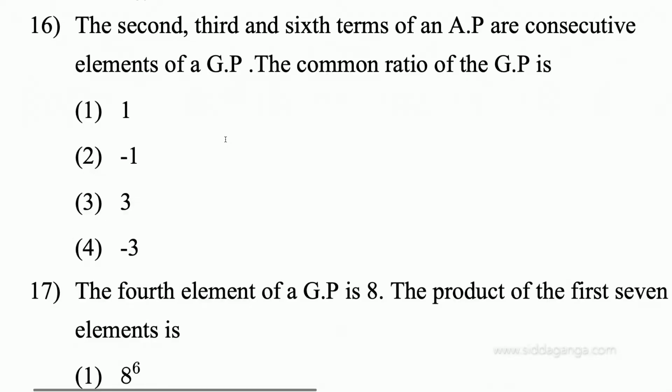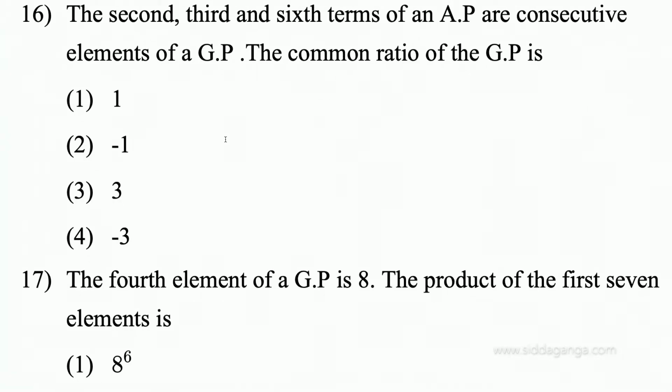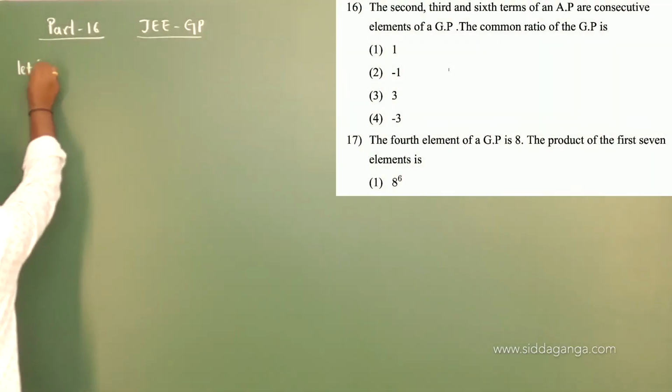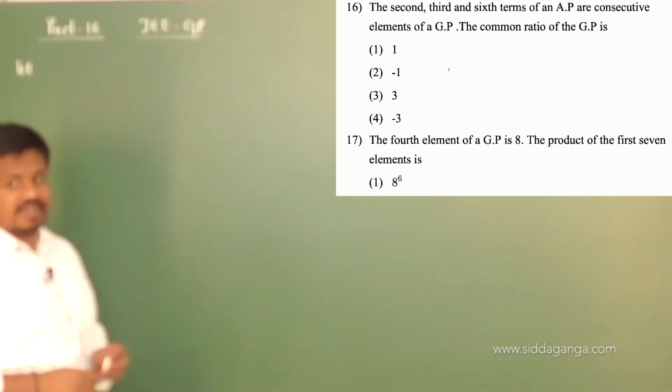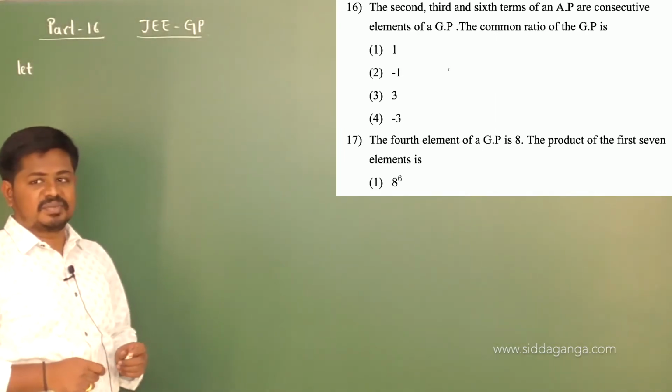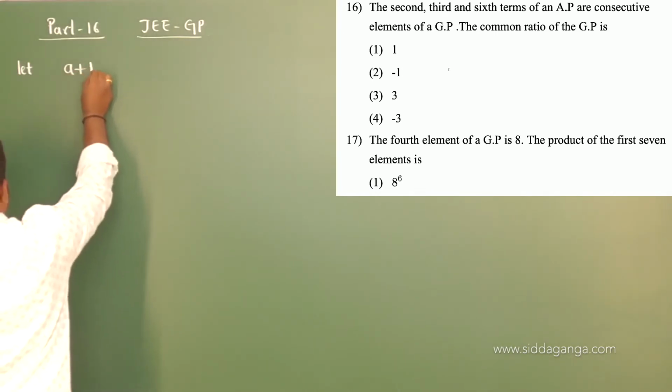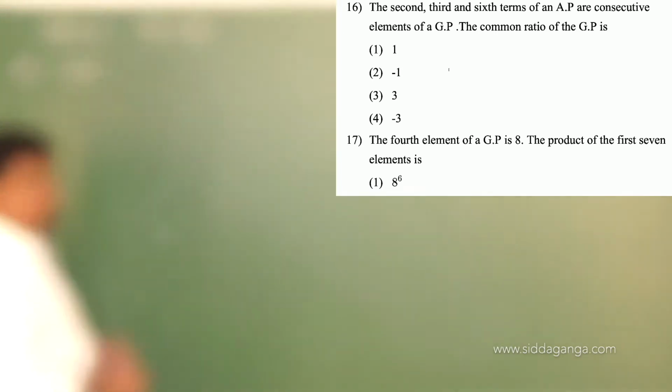The second, third and the sixth terms of an AP are consecutive elements of a GP. Then the common ratio of the GP is... Yes students, the question is: second, third and sixth terms of an AP are given. The second term I am going to take as A plus D, where A is the first term and D is the common difference.